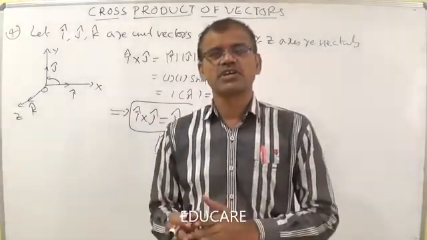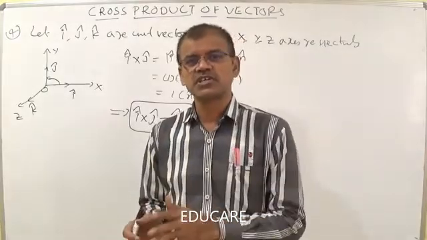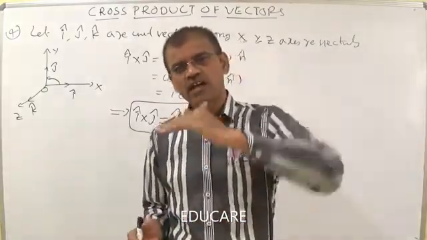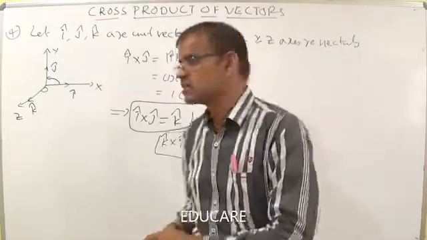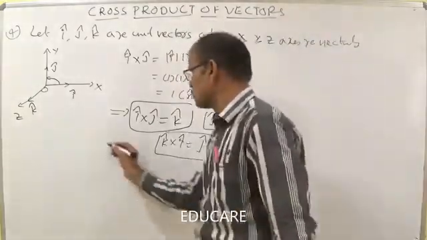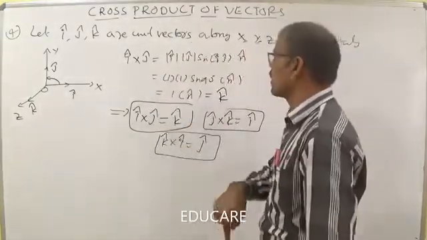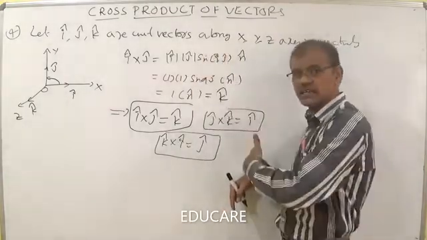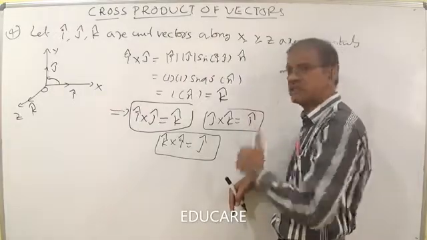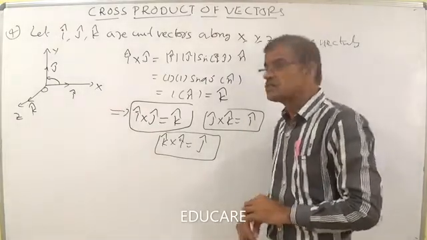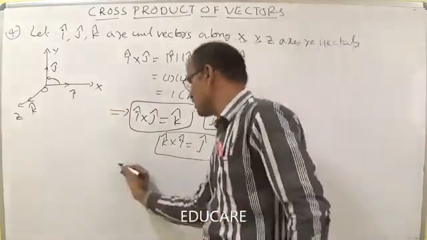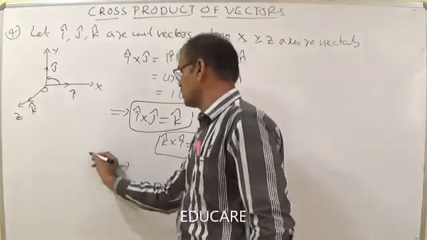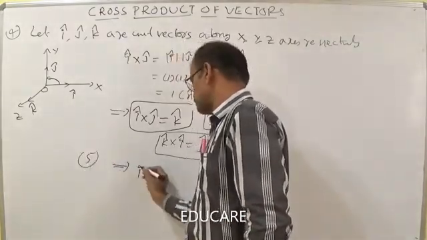The amount of rotation in the clockwise sense is a negative angle. Whenever a negative angle is involved, the angle between i and j becomes minus 90. What is the value of sine of minus theta? Minus sine theta. So it is minus sine 90. Regarding that, let us write the fifth point.